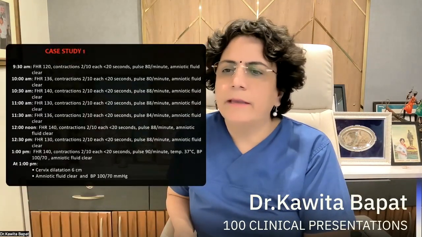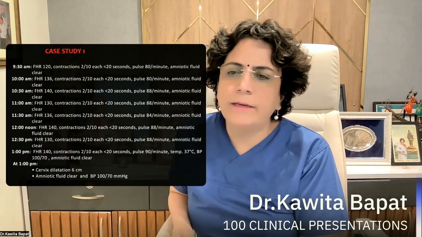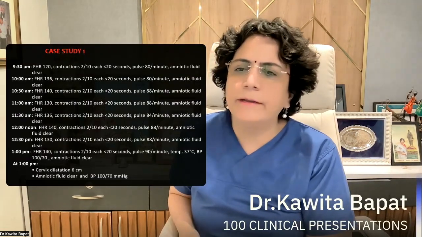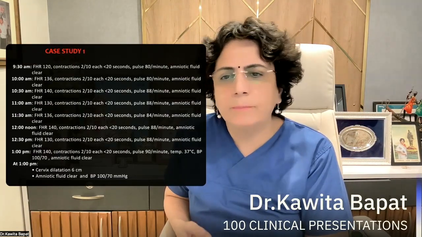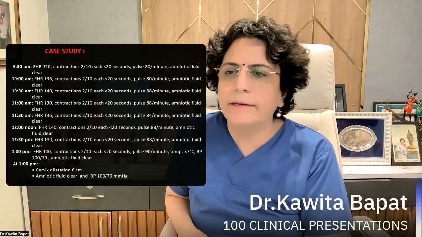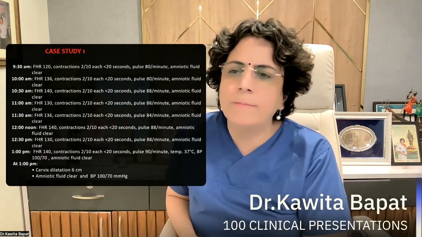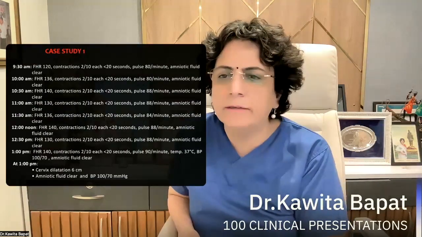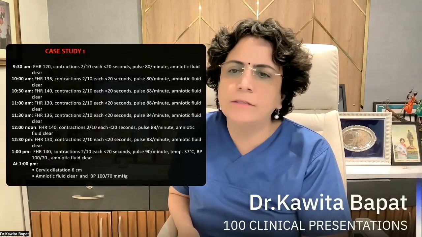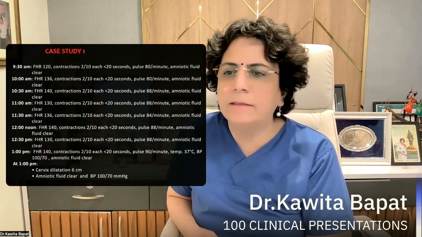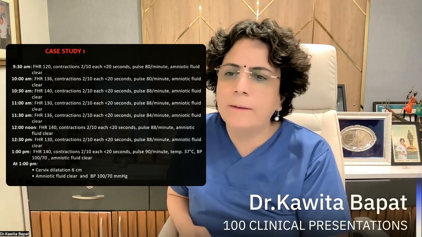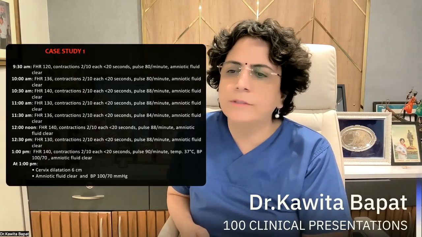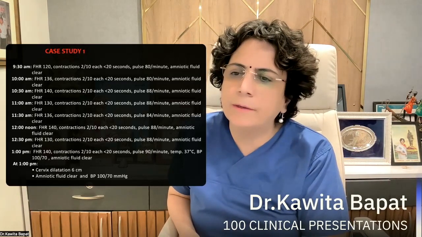At 9:30 a.m., fetal heart rate 120, contractions 2 in 10, each lasting less than 20 seconds, pulse 80 per minute, amniotic fluid clear. You can see at 10 a.m. the fetal heart rate is suddenly 136, but the contractions, pulse, and amniotic fluid remain the same. At 10:30, fetal heart rate goes up to 140, and everything else remains the same.